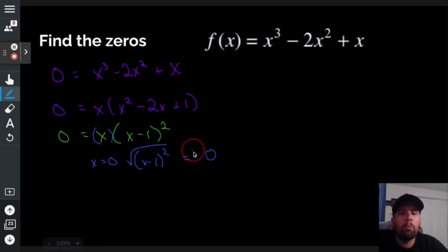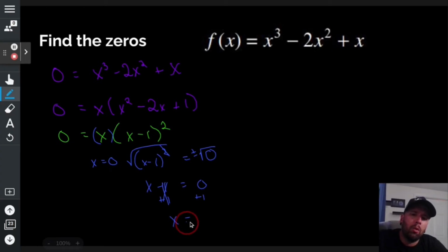Square root both sides, positive or negative. X minus 1 equals the positive or negative square root of 0, which is just 0. Add 1 to both sides, and x equals 1.